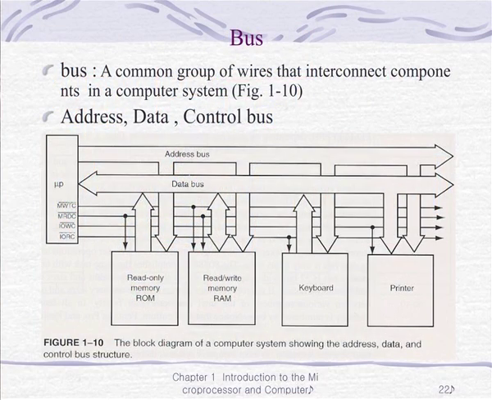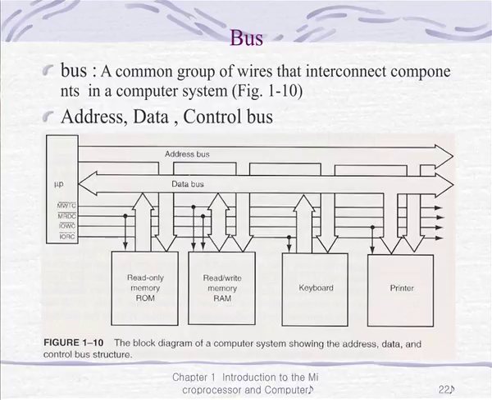Now after these processors, let us have some introduction to the buses. The buses are groups of lines used by the processor for communication with the memories or the IOs. Each processor has 3 different sets of buses: address bus, data bus and control bus.